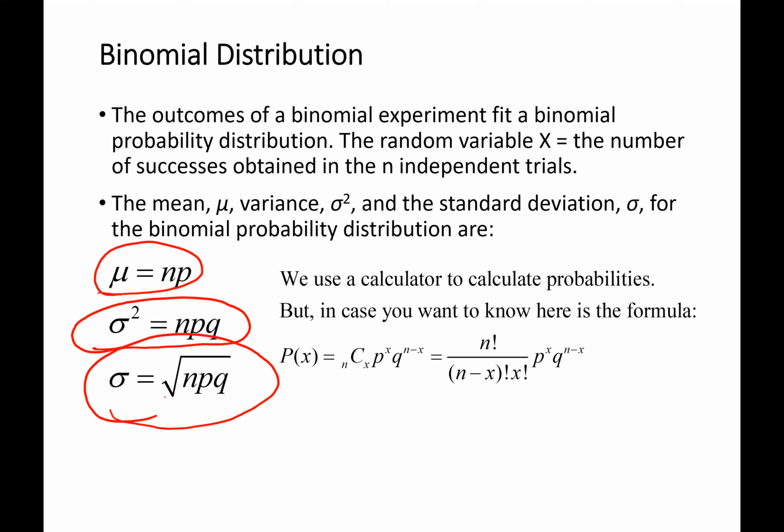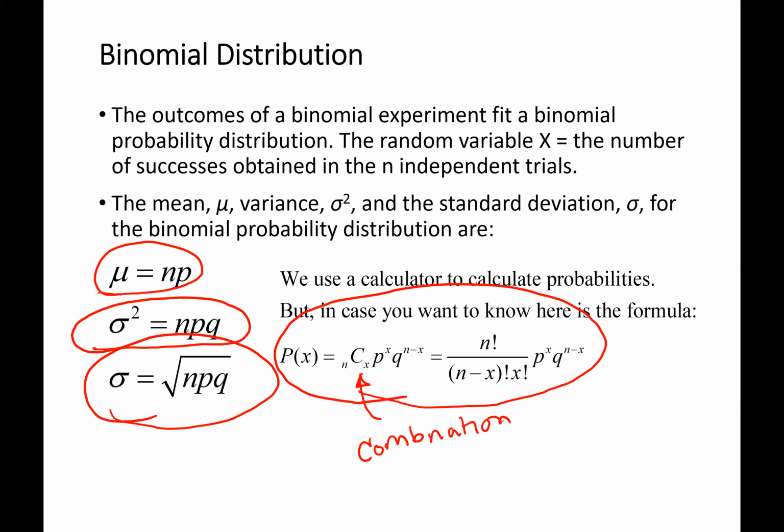An individual probability in a binomial distribution may be found using a formula. And here is the formula. The formula uses combinations. That's what that C represents. And a combination is just how many ways out of a total you can take a sample of things.